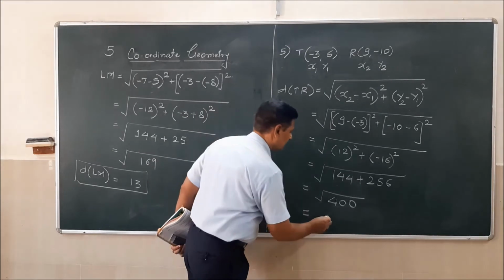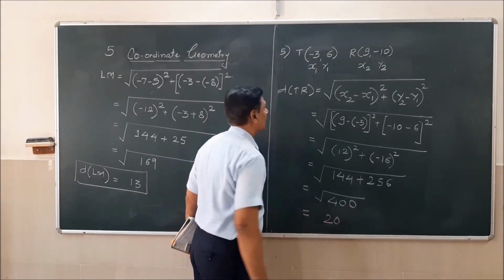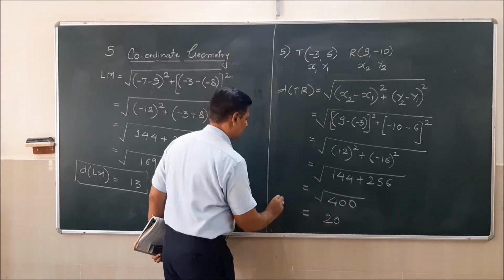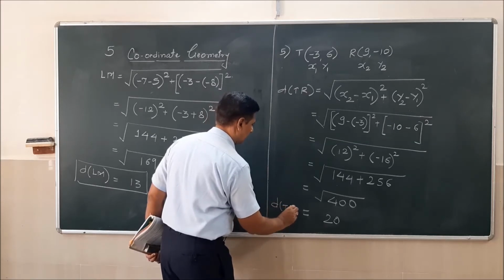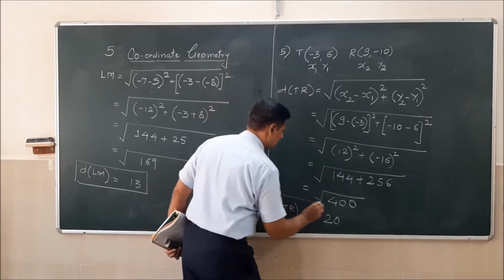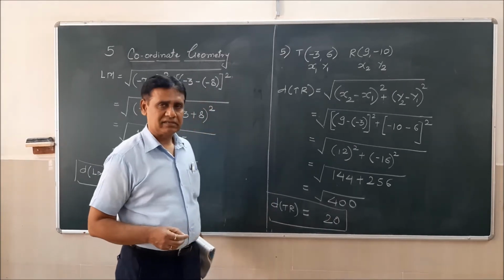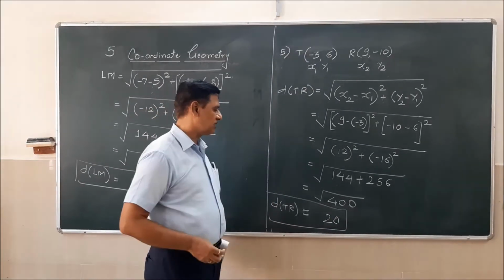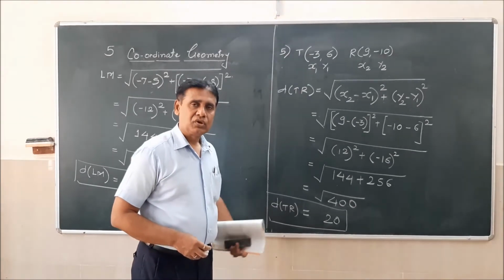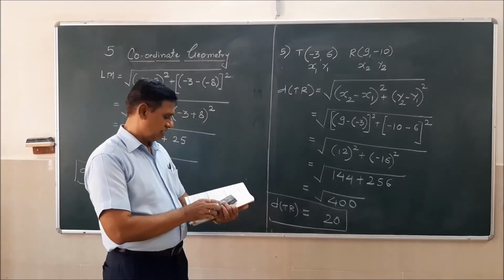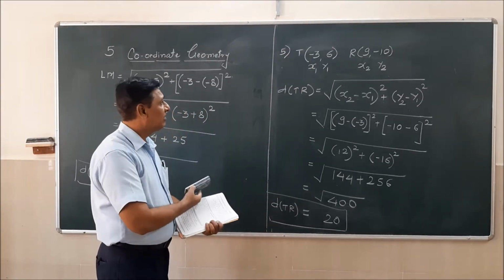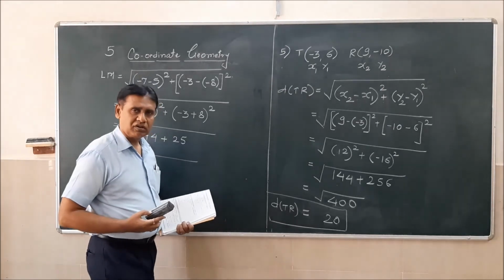So we'll get this distance TR as 20. So this is how you obtain the value of distance TR as 20. So here you will find I finished the fifth question of question number 1.